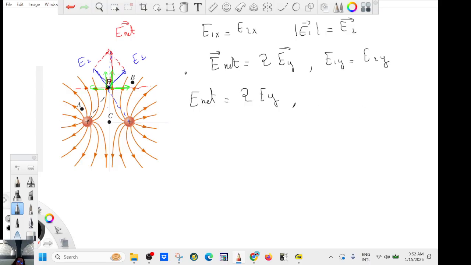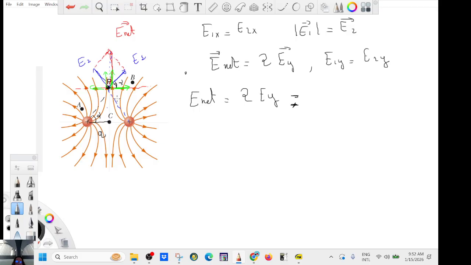So then we need to find the magnitude, or first of all, the y component. This is a y component. I'm going to call that angle here alpha, and that's going to be the same as alpha. Then that distance here is given.